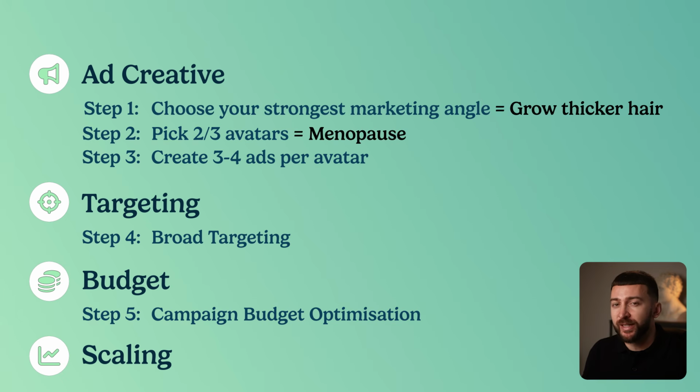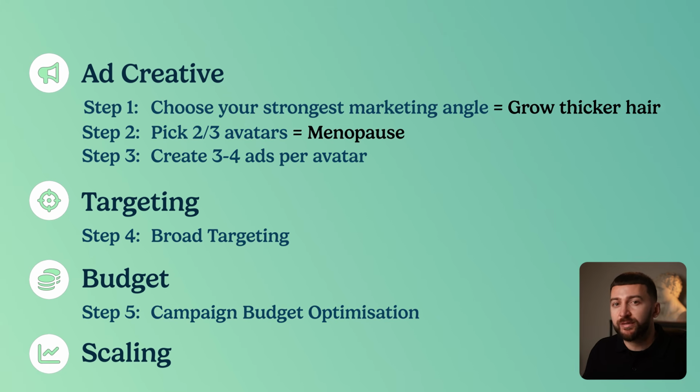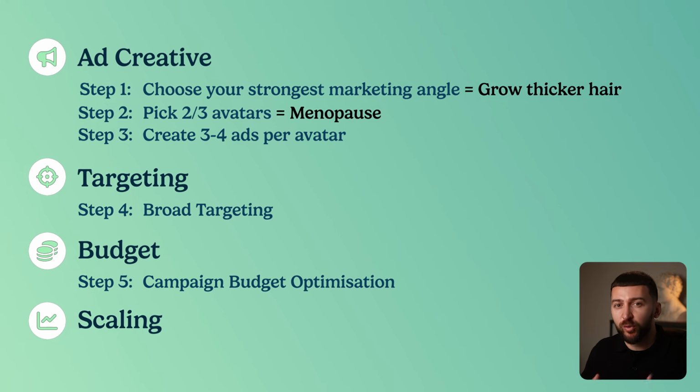Once you find a marketing angle and a customer avatar that's working, so we'll go back to the red light therapy hairbrush. Let's say growing thicker hair for women going through menopause. Let's say one of those ads starts to do well and starts to achieve sales consistently and profitably.